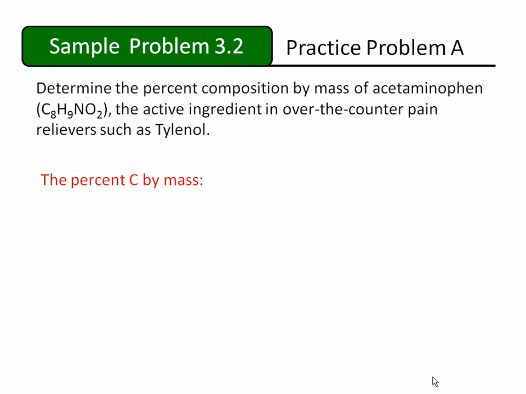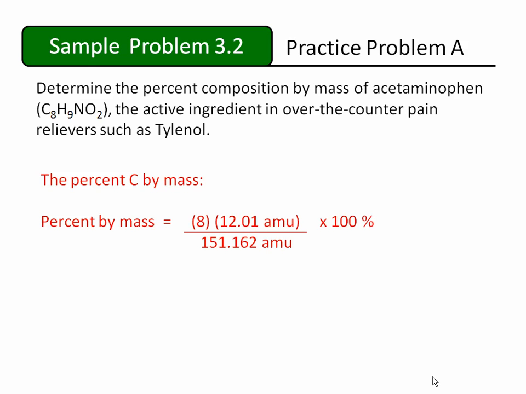Now we can work through the percent of each element. Starting with carbon, we'll use equation 3.1, and we can say that the mass of the carbon is 8 times 12.01 AMUs. We divide that by the molecular mass of the compound, the 151.162 that we just calculated, and then multiply by 100%. Notice that the units of AMU cancel, and this leaves us only with units of percent at the end of the problem.